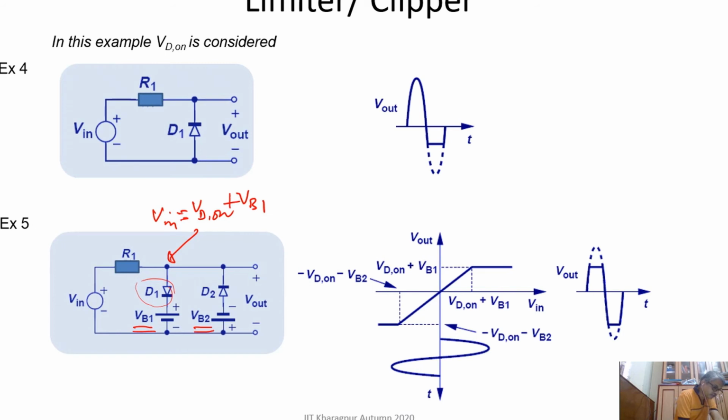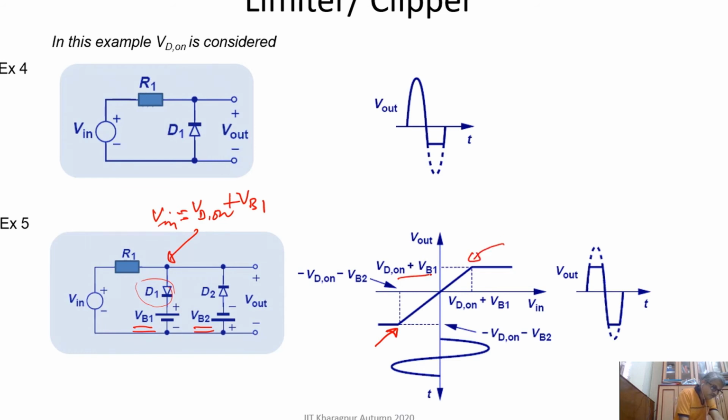In the same fashion, diode D2 will be on when we manage to compensate this voltage VB2. So D2 will be on here, whereas D1 will be on here.